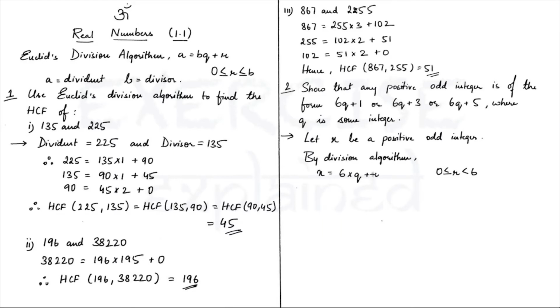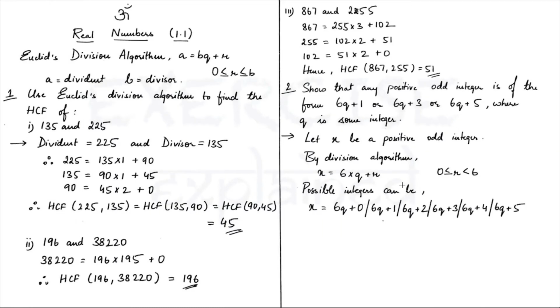Now the remainder will always be less than 6. So here we have written 0 less than or equal to r less than 6. So the possible integers will be x equal to 6 into q plus r.